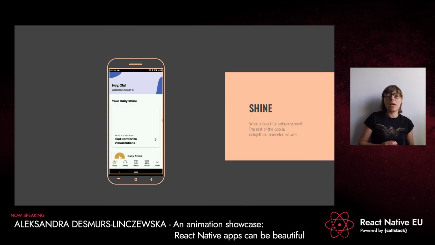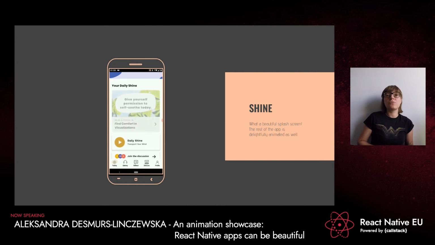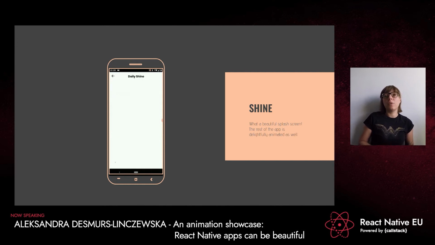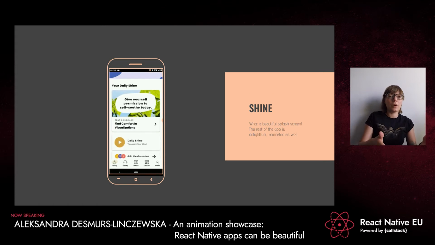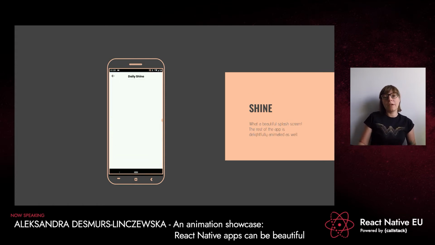There's no glitching, pretty much no problem at all, even though my phone is really slow. My phone can actually freeze when I'm trying to take pictures. It freezes on camera, and it doesn't freeze on this app. So way to go, Shine.